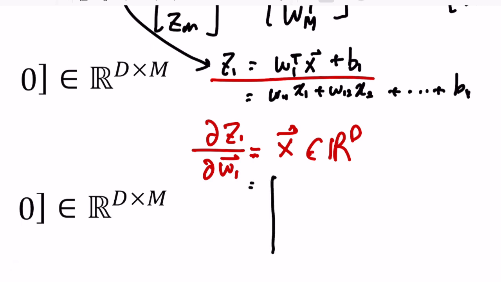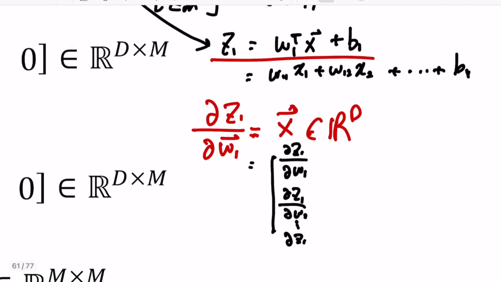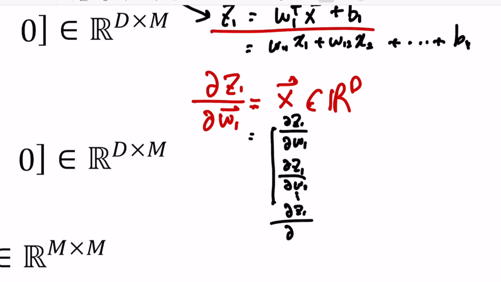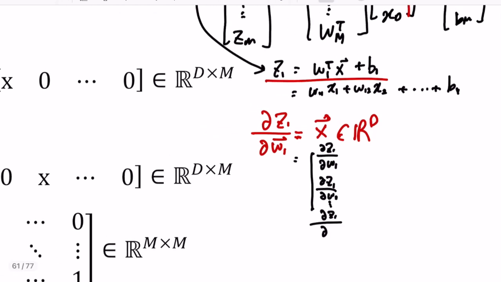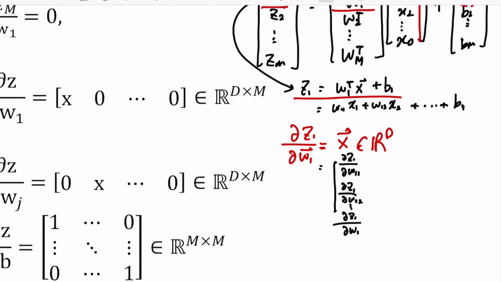Because Z1 is a scalar value, it's going to be Z1 over W11, Z1 over W12, up to Z1 over W1T, so it's just the vector X. Similarly, the local gradient with respect to B1 is just 1.